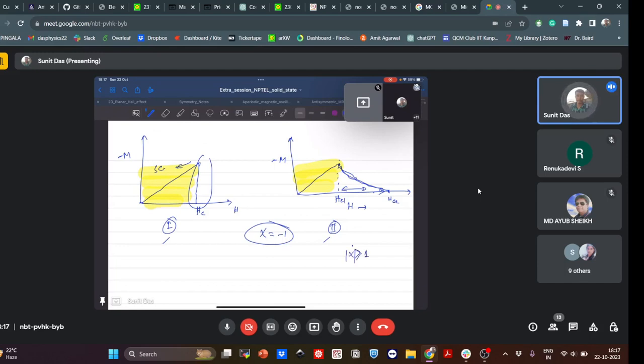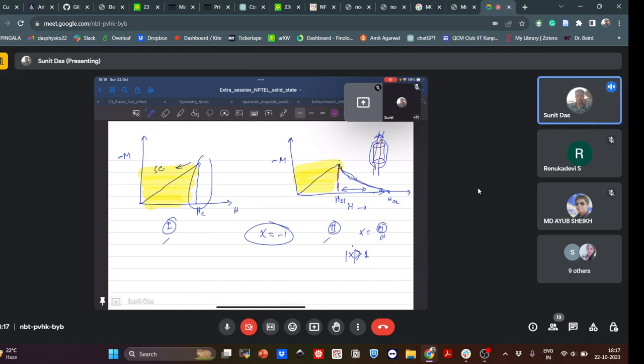This will mean that some magnetization will be there. Initially flux lines do not enter the superconductor, but after this Hc1 they start penetrating the sample.